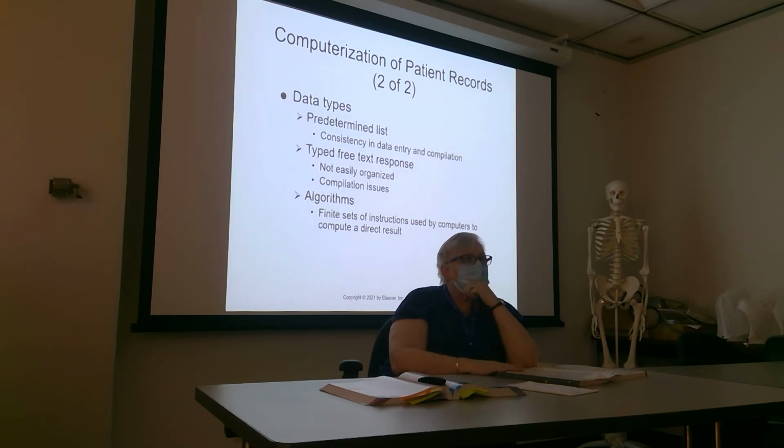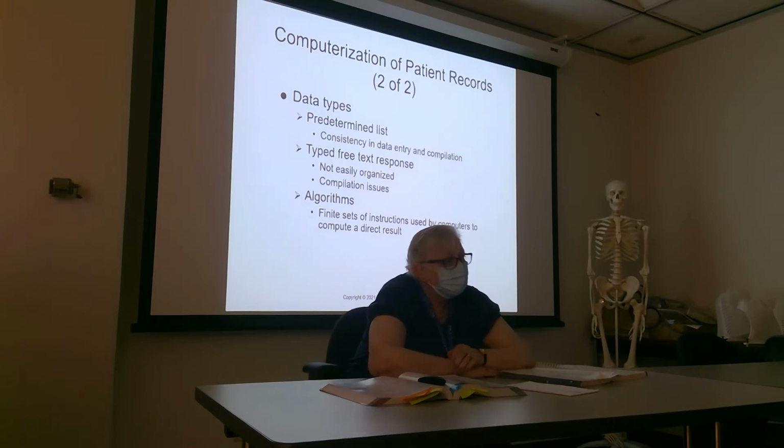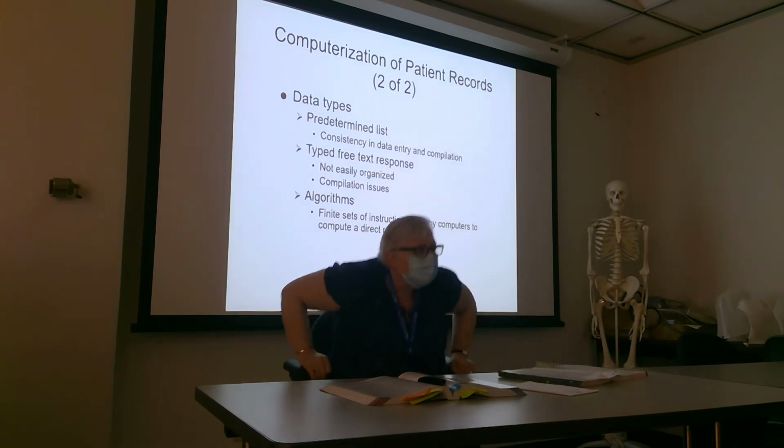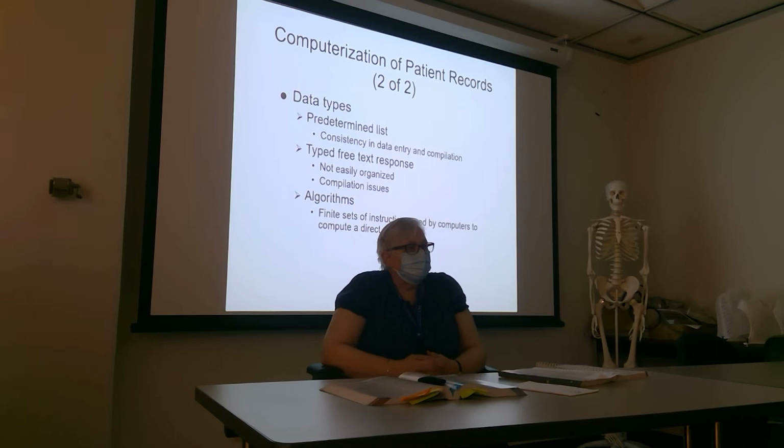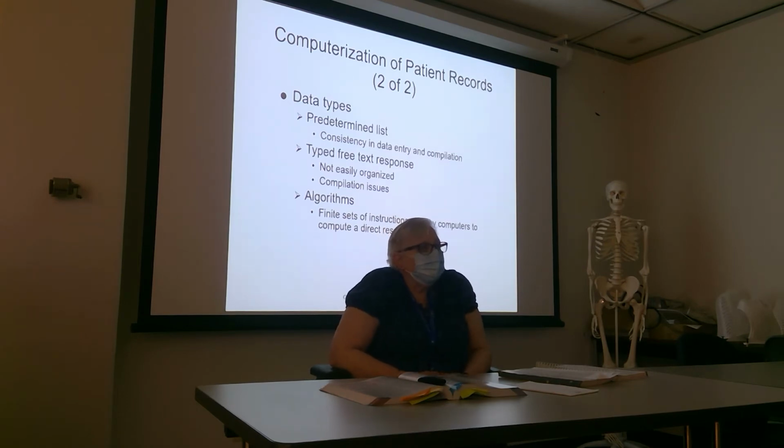How do you do it electronically? In our old systems, you just had an add note feature that you could attach to that day's visit. So it would pop up anytime you viewed that patient.